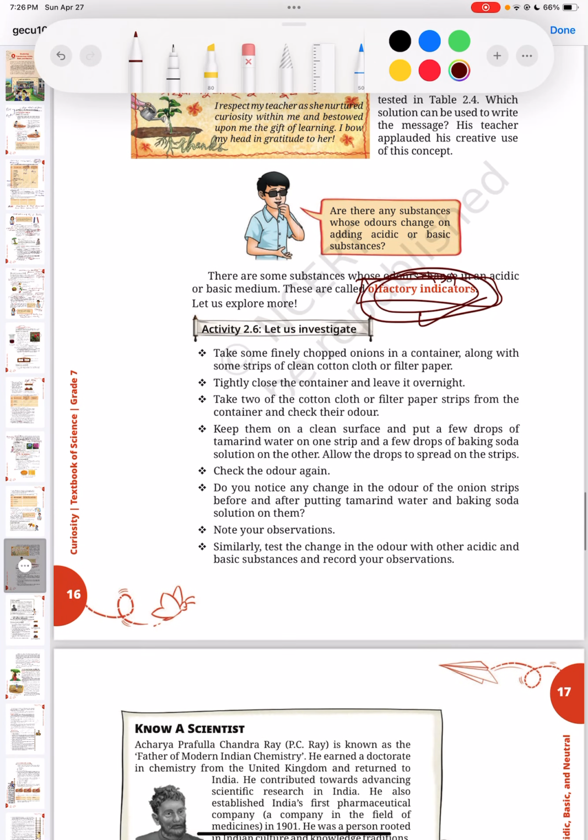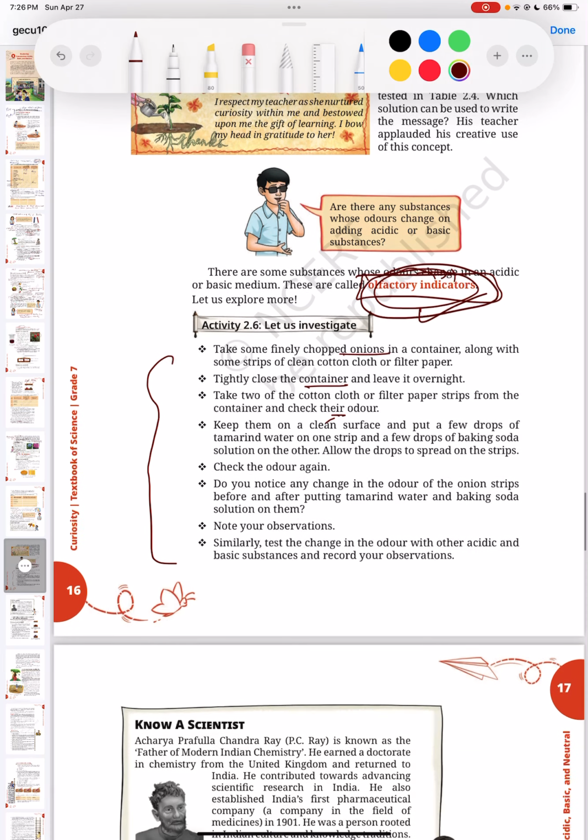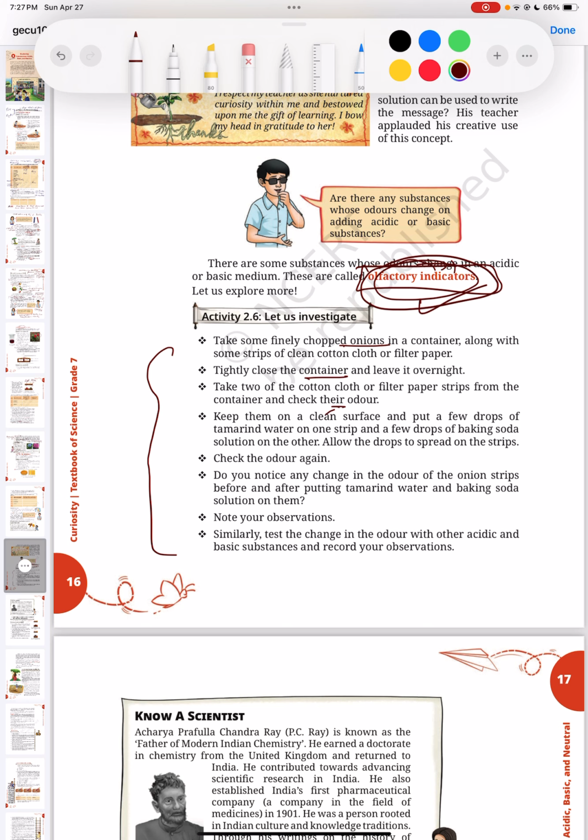So here is one such olfactory indicator. If you take chopped onions and store them in a container overnight, then you put those chopped onions on some cloth or filter paper overnight, so that the juices from the onion get absorbed.